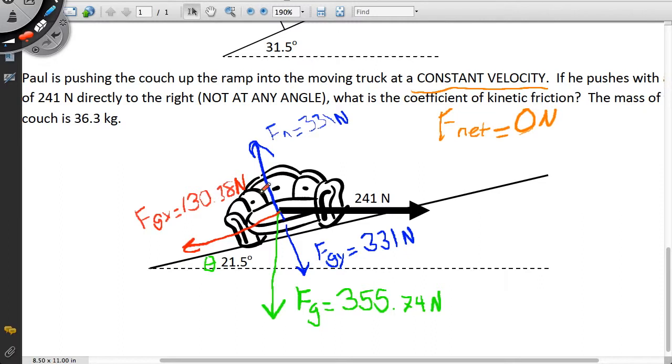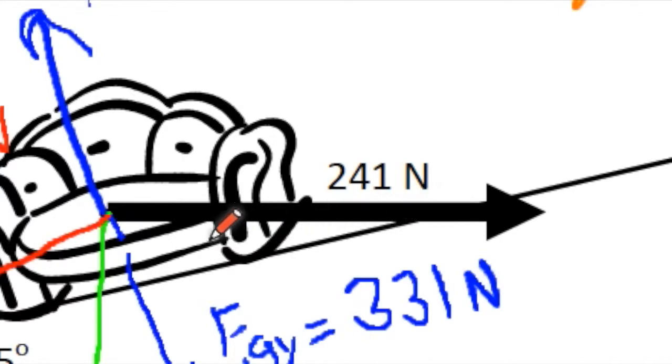So now I have to start looking at this force that he's pushing. Since this force that he's pushing is right across the zero axis, I can actually tell that there'd be a theta in here. And if you look here, there is this triangle that exists right in here, and there actually is my theta.